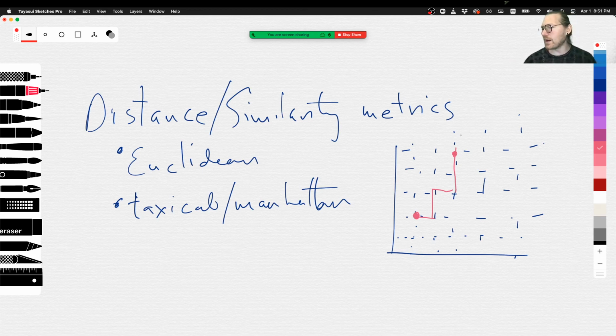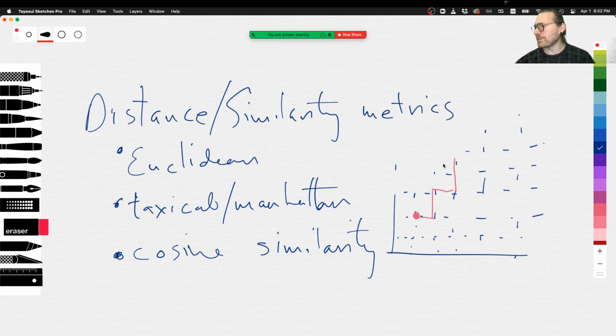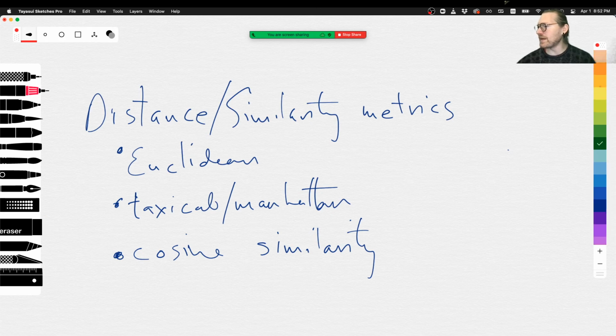And then another distance metric we might consider, which comes up a lot in natural language processing, is cosine similarity. And this is a little bit different. I just want to mention it in a conceptual way to show that we have a lot of different types of distance. So let's say you have a vector, and it looks like this.